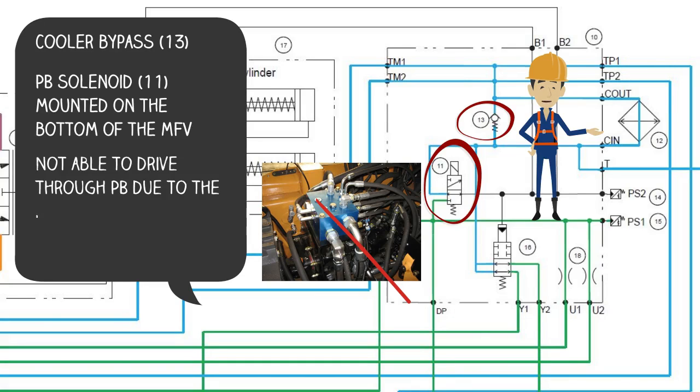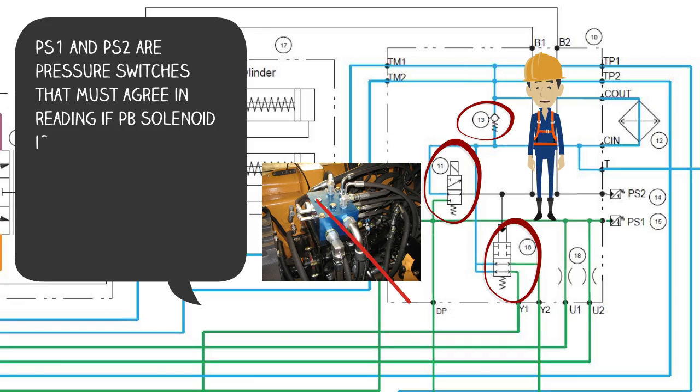The operator is not able to drive the machine through the parking brake due to the neutral override spool, item 16. This is because the path to tank is open for charge pressure. Once the parking brake solenoid has been active, charge pressure is applied to the other side of the neutral override spool, shifting it, blocking off the path to the tank and allowing pressure to build to stroke the pump.